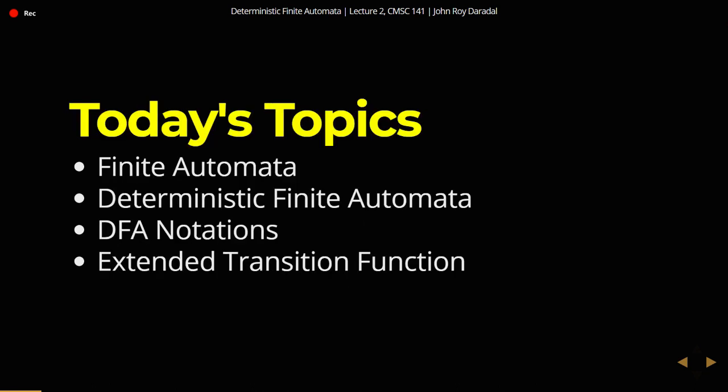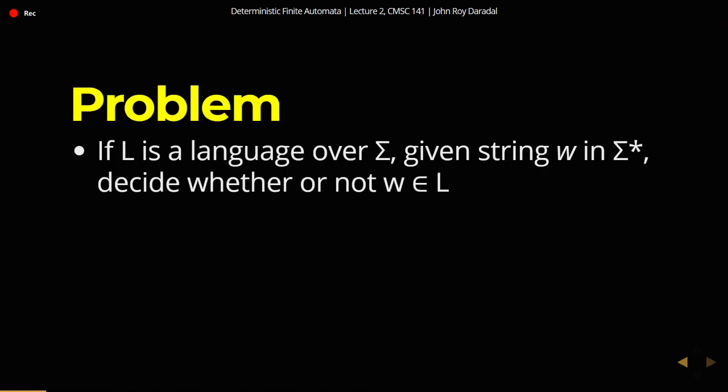In today's video, we will discuss finite automata, deterministic finite automata and its notations, and how the extended transition function works. Previously, we ended with the membership problem.